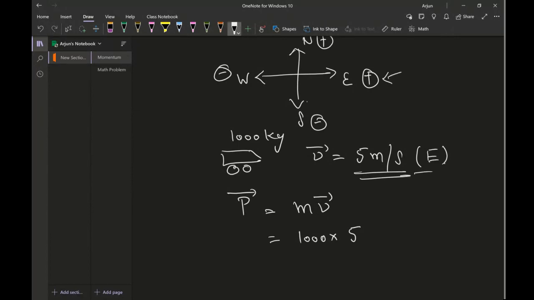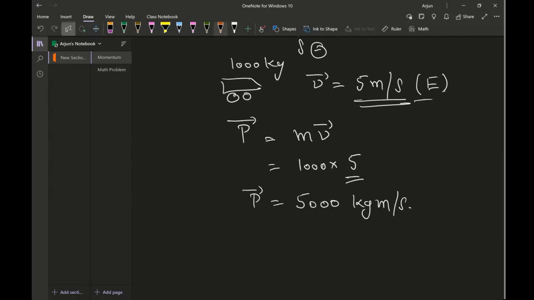East we consider as positive, so I will keep this number positive, and the momentum value will be 5000, and the units will be kg meters per second. So that's the momentum. Is it the complete answer? No, because I haven't specified the direction. So the complete answer is P equal to 5000 kg meters per second, and the direction is east because that's a positive number.